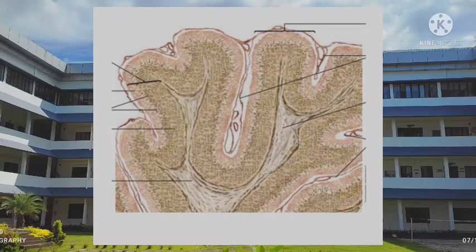Those layers are the molecular layer, which is present on the most superficial part, the Purkinje cell layer, and the third layer, the granular layer, which rests on the white matter of the cerebellum.